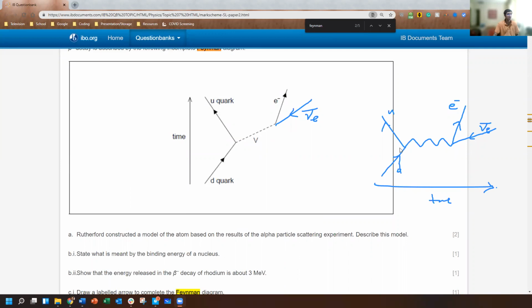Wait, that doesn't look right. The way I did it, time on the horizontal axis. I think actually then it would probably be, this is very confusing to me when the time axis is switched.